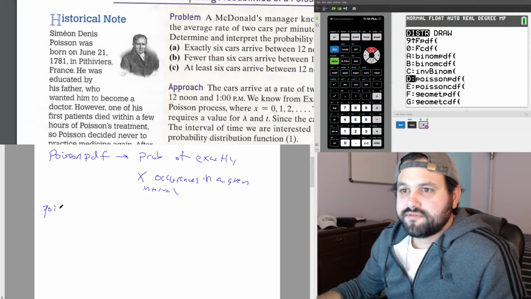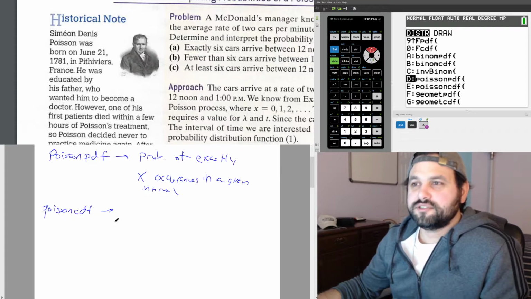Poisson CDF, what do you think that's going to stand for? This follows a theme with all the different distributions.